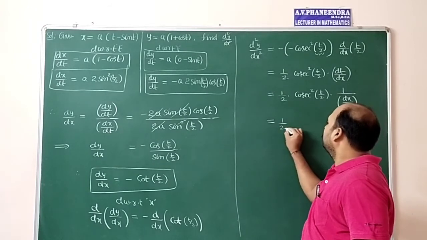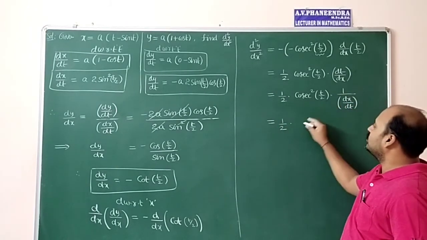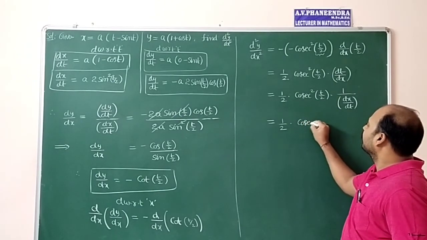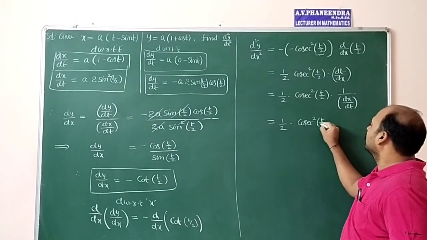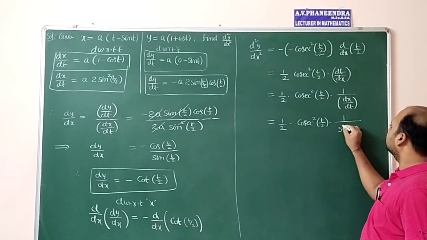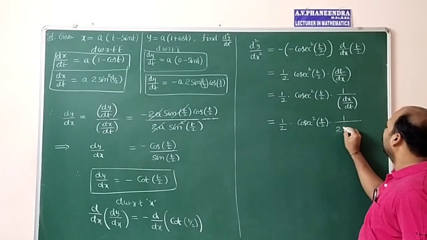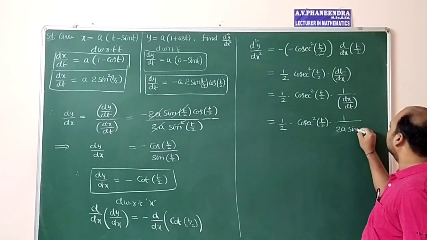So 1 by 2 into cosecant square t by 2 into 1 by the dx by dt value, which is 2a into sine square t by 2.